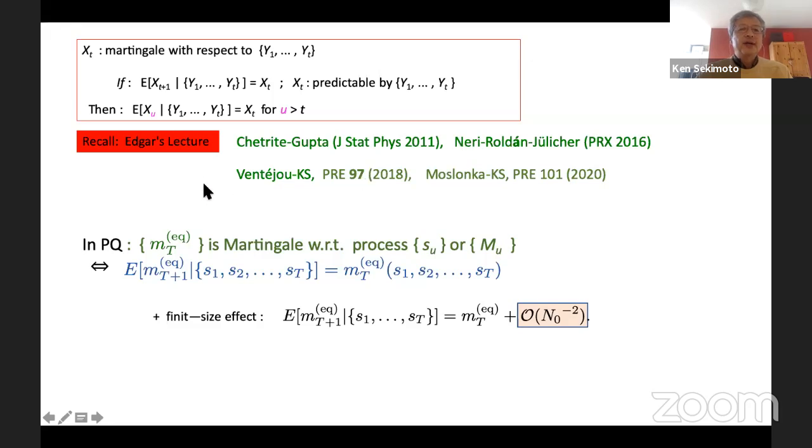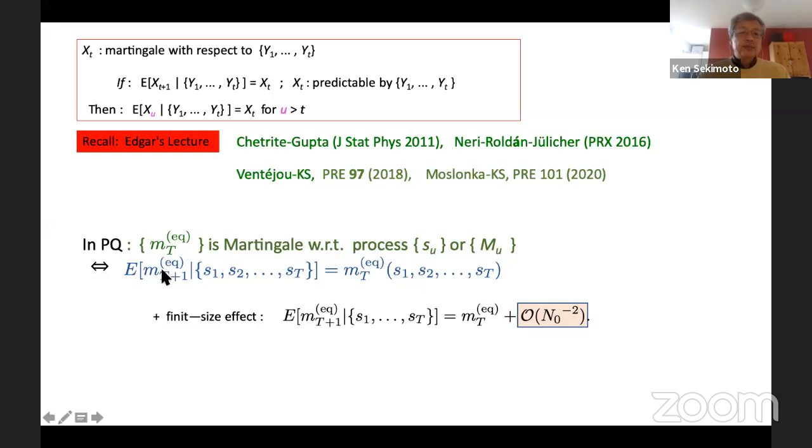We also happened to encounter the Martingale process through these papers, which I will talk about now. So in the context of our progressive quenching, it is the mean unfrozen equilibrium spin which is Martingale with respect to the history of the freezing spins.